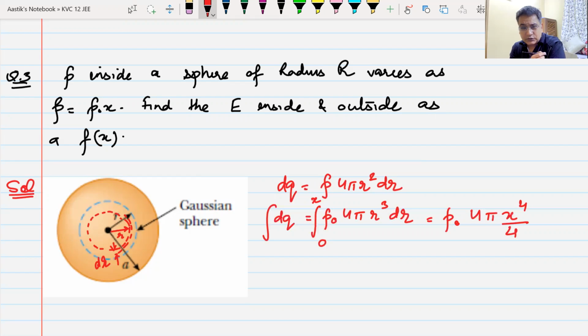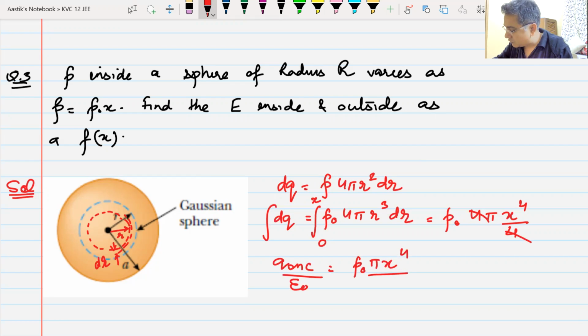Do we understand this? Yes or no? Yes, sir. That is the charge enclosed. I can cancel out this. So the charge enclosed divided by epsilon naught becomes rho naught into pi into x to the power 4 divided by epsilon naught. That must be equal to the flux, E multiplied by 4 pi x square, the area of that sphere.